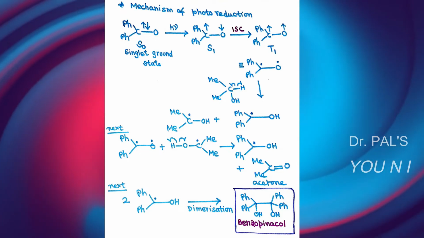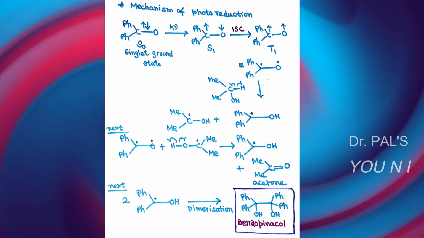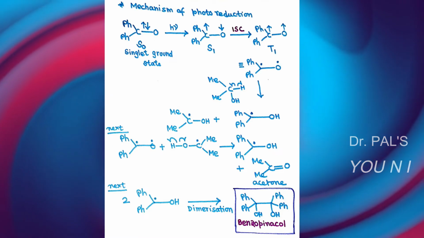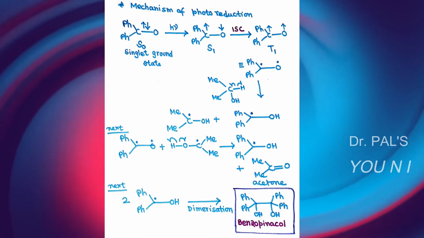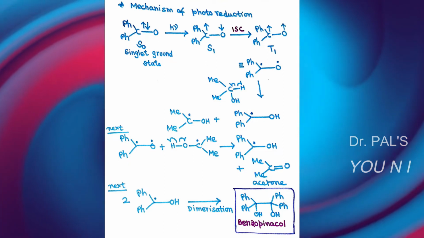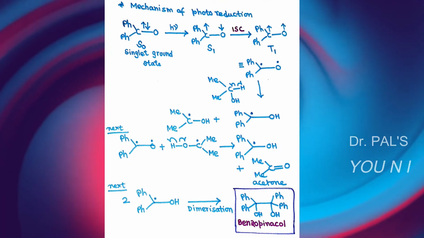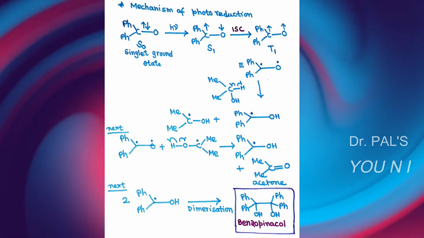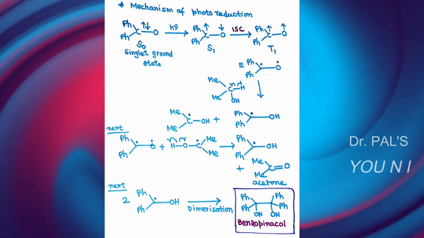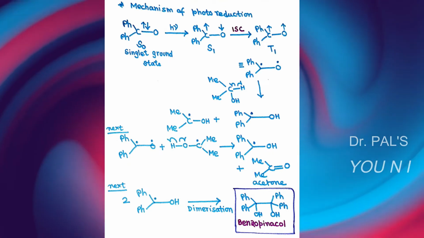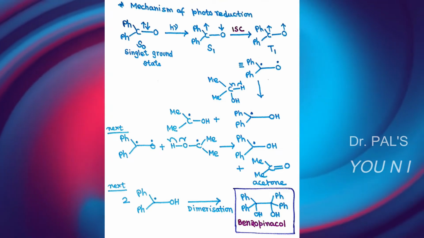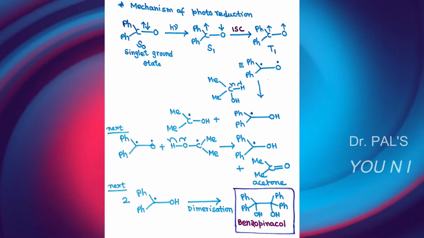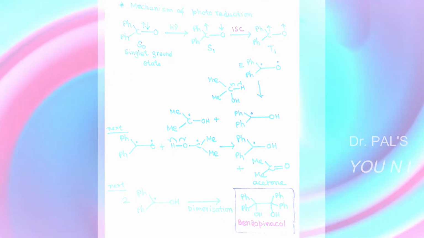Next, the benzophenone in the T1 state again undergoes a similar procedure, abstracting an H dot, but this H dot is obtained not from homolytic cleavage of the carbon-hydrogen bond but from homolytic cleavage of the oxygen-hydrogen bond, and isopropyl alcohol after this decomposition gets converted into acetone. Now these two free radical molecules undergo dimerization to give benzopinacol.